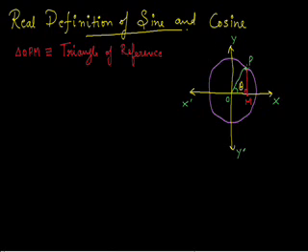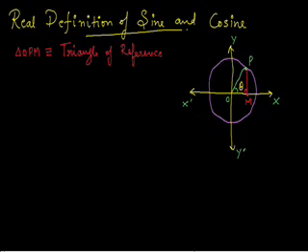This triangle OPM becomes the triangle of reference for the point P. So for any such point, to obtain the triangle of reference, what you need to do is drop a perpendicular from the point on the x-axis, mark that point, and the triangle OPM will give you the triangle of reference with respect to that particular point.